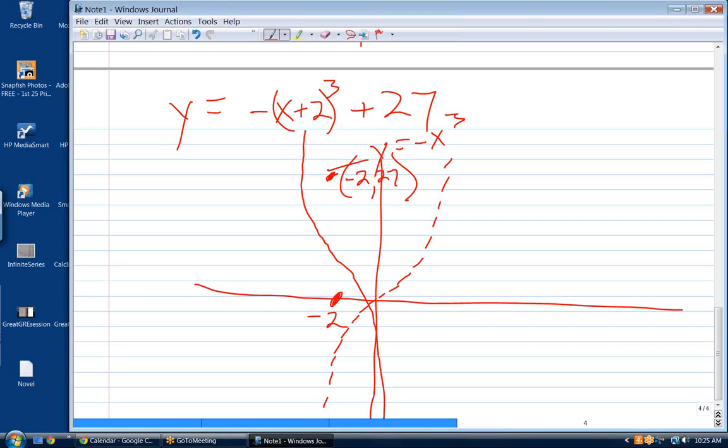Plug in 0 for x and do this math. 2 cubed is 8. Negative 8 plus 27 is 19. So we know it crosses the y-axis at 19.